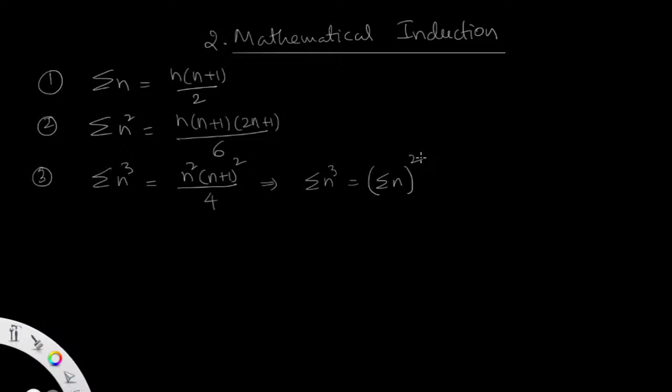Yesterday we have learned this. Next one, sigma of 2n, the sum of the even natural numbers, that is of the form 2n, which is n square plus n. Similarly, the sum of the odd natural numbers, of the form 2n minus 1, is n square.